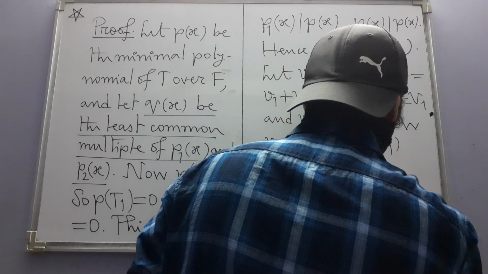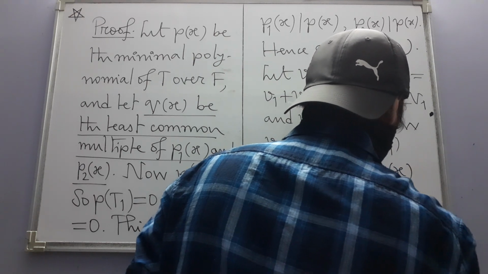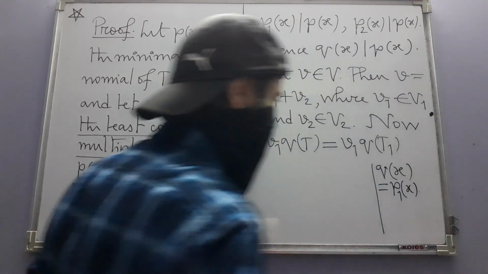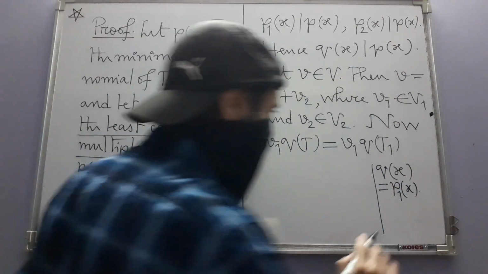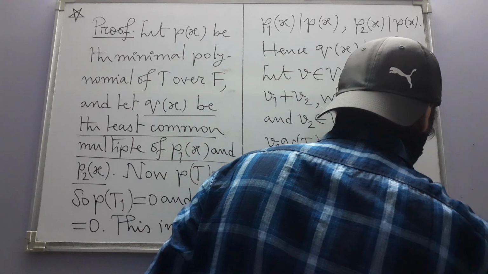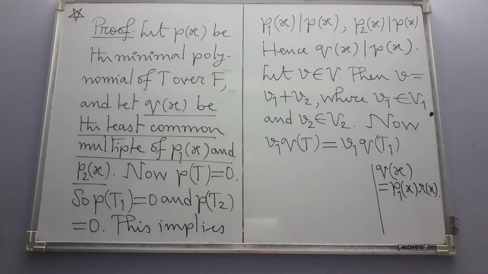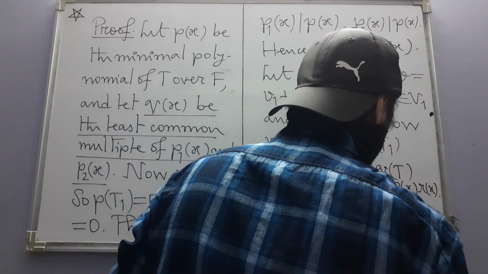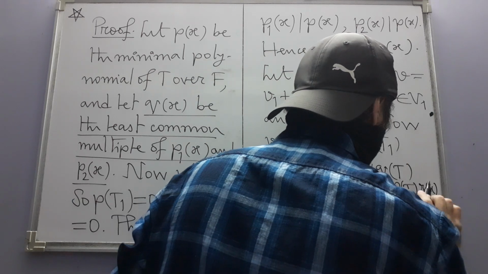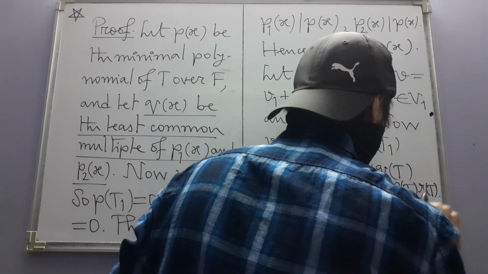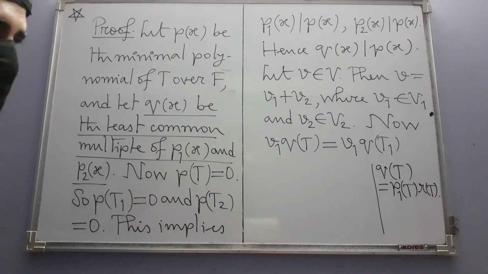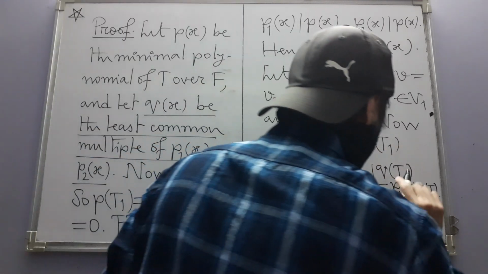And that's why q of x will be equal to p1 of x times some polynomial, say r of x. Now, if you replace x with T, what will you get? Q of T is equal to p1 of T times r of T. We are not bothered about r of T, but what is p1 of T? Oh, well, actually t1.